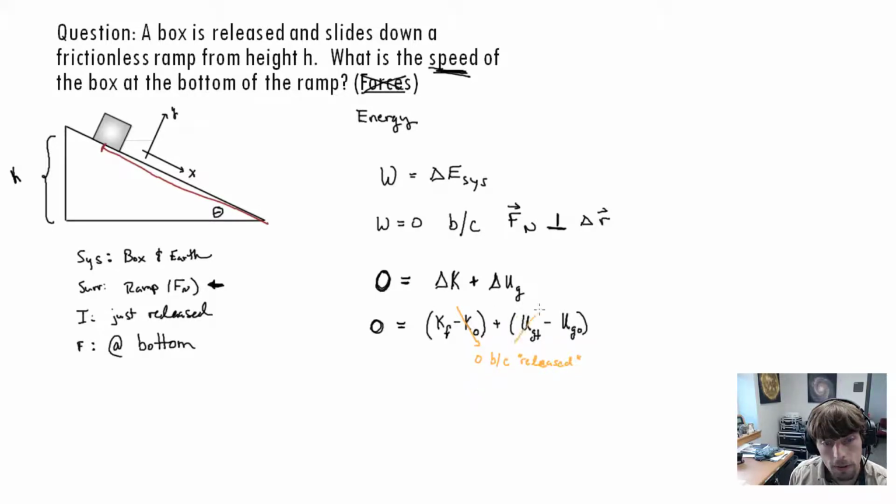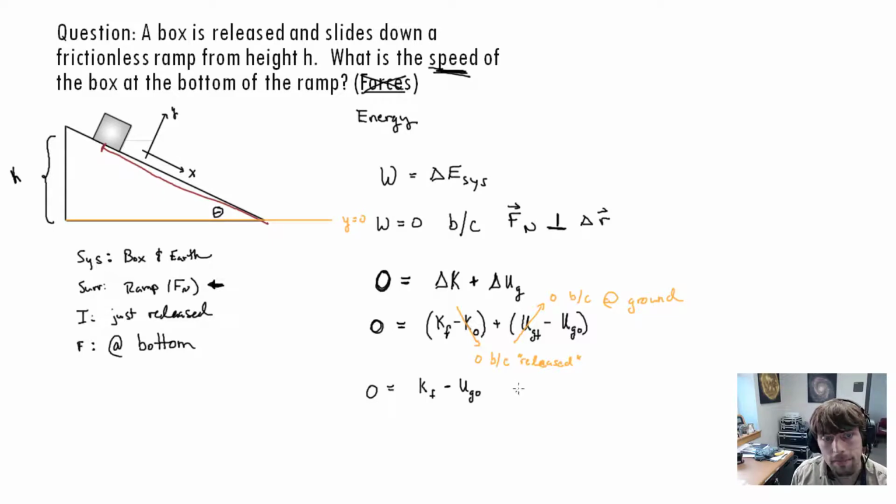The final one, 0 because at ground. So I better put my ground in here. We'll call my ground y equals 0. So I have an expression that says 0 equals the final kinetic energy minus the initial gravitational potential energy.